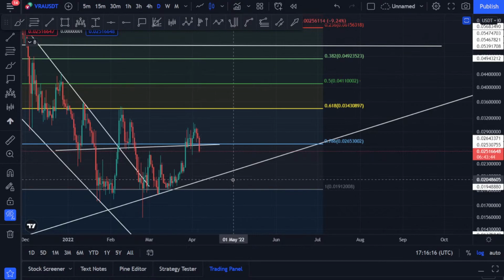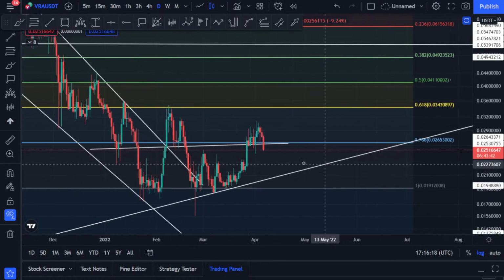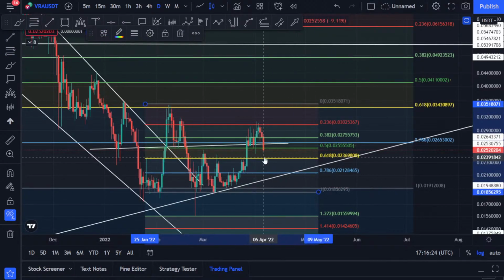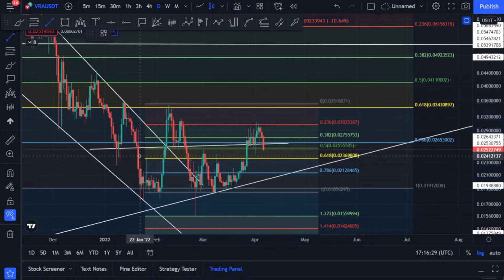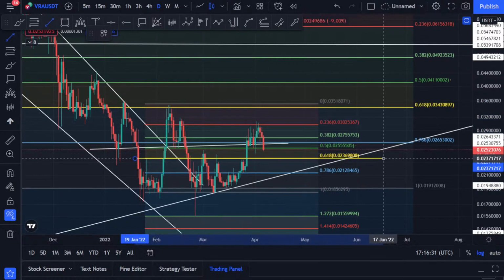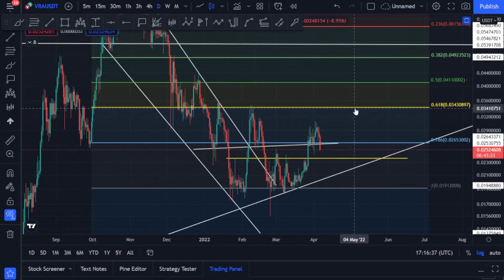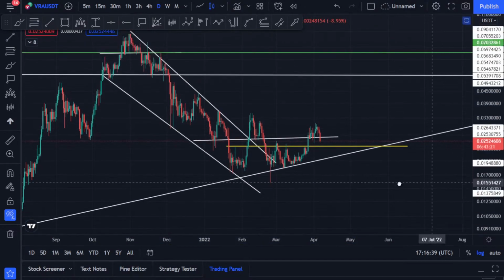Now you're coming towards the downside. Where is the downside? It all depends, because if you judge this move from here to here in the Fibonacci, you're coming towards the 0.618 level, which sits right over here at 0.023. But you are still above this major support line with VRA.